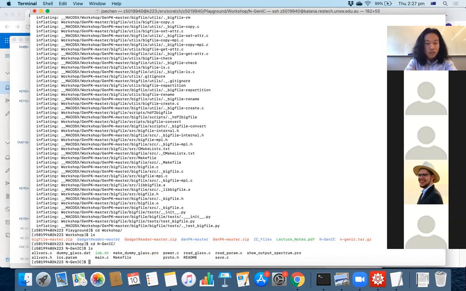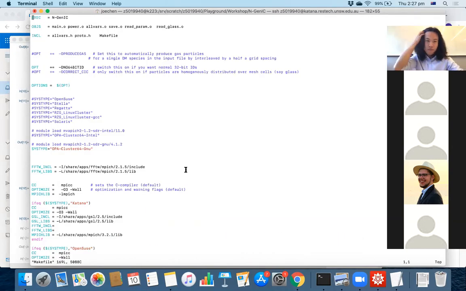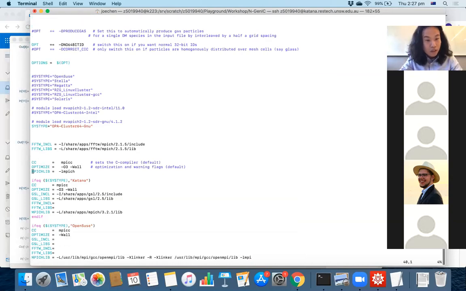The one file you have to change is the makefile, because that's what looks for all the different libraries the program needs. For the FFTW library, you need to set the include section and the library section. On Katana, if you're using the zip file I gave you, I've already preset it to work. Here you specify which C compiler it uses, and also tell it where the GSL libraries and the MPICH library are.